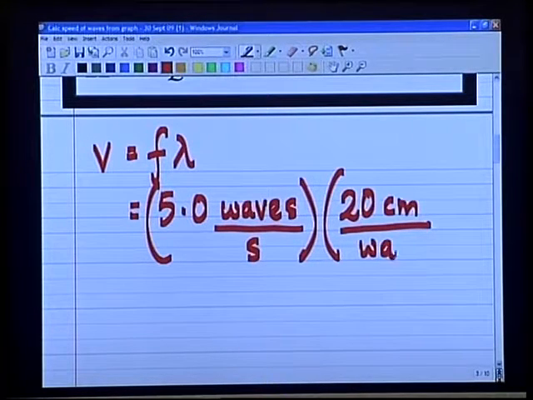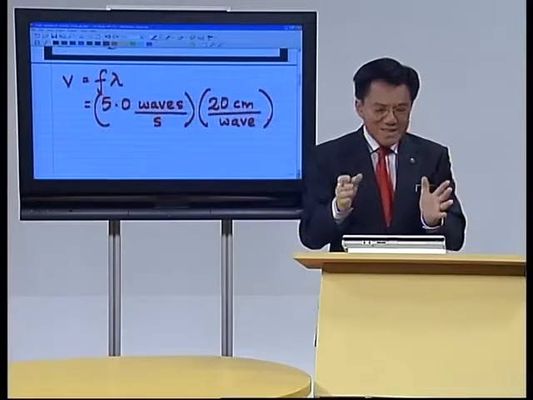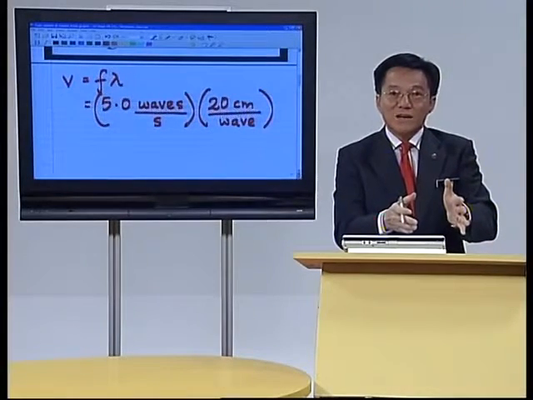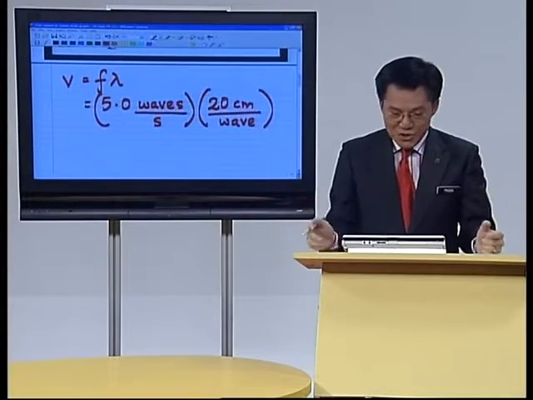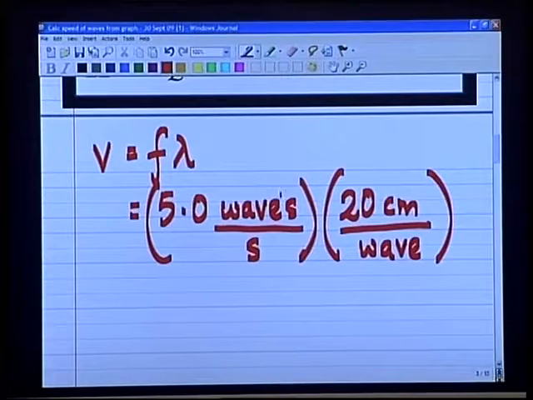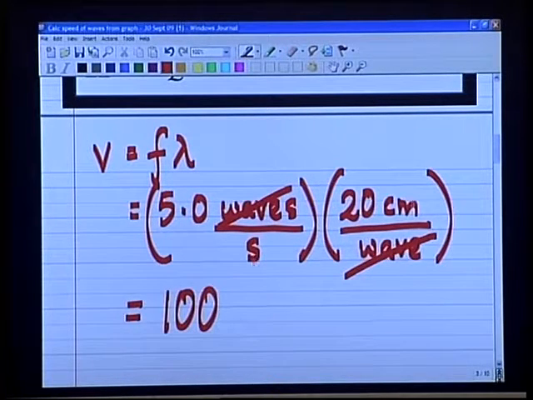Now, this is another method to help you understand why this particular formula will give us the velocity. So, 5 waves per second multiplied by 20 centimeters per wavelength. So now you cancel off the waves. What do I have? I have got 100 centimeter per second.